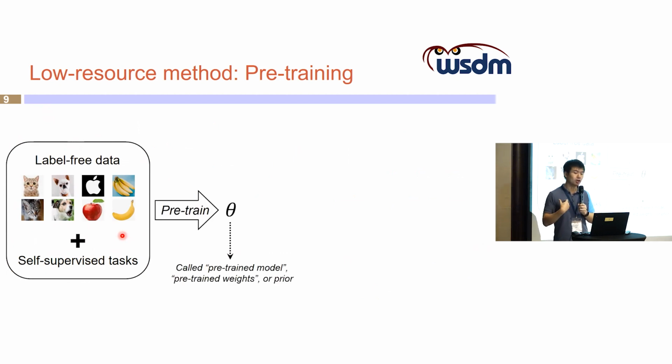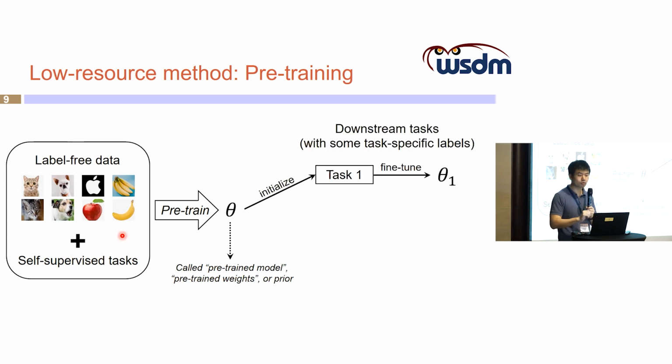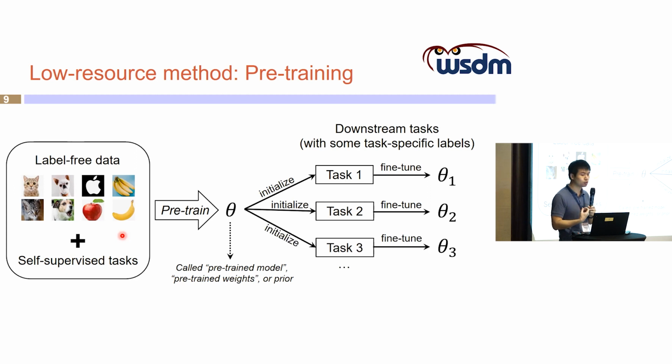Given the pre-trained model, we can use it to initialize different downstream tasks. Let's say task 1 is image segmentation, maybe task 2 is object detection. For different tasks, we do different fine-tuning. Fine-tuning would require some task-specific labels, but compared to traditional supervised learning, the amount of labels required is much less because we already did some pre-training. We only need some fine-tuning to make the model adapt to each task.